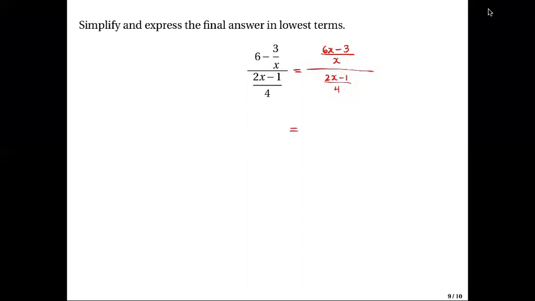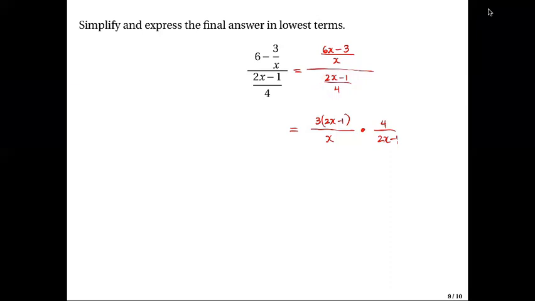First, we factor 3 from this expression. We'll just have 3 times 2x minus 1. Denominator, it's still x. And then we have the multiplication. And then the reciprocal of this is just 4 over 2x minus 1.